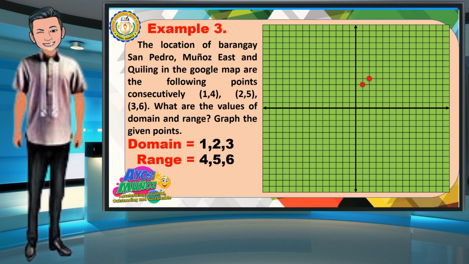Also 2, 5 belongs to quadrant 1. And the point 3, 6 also belongs to quadrant 1. So those points all belong to quadrant 1. This is the graph of the given problem, or function.